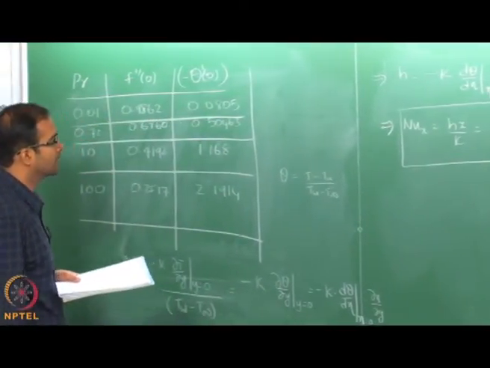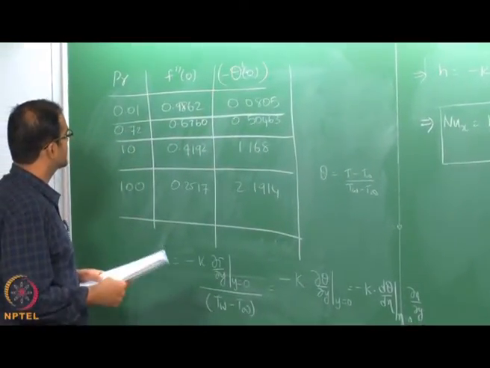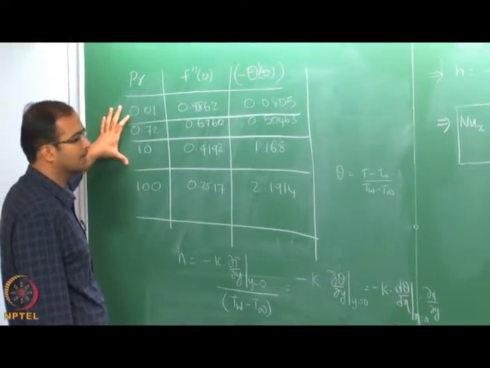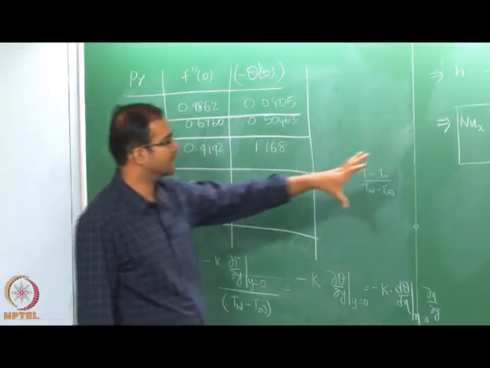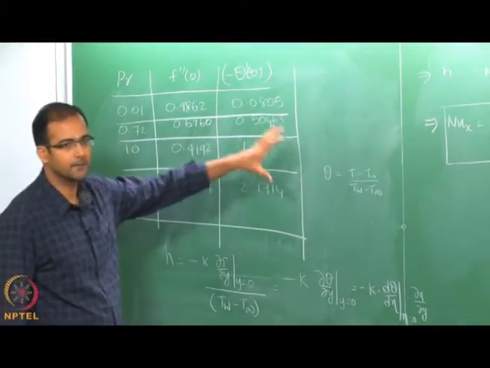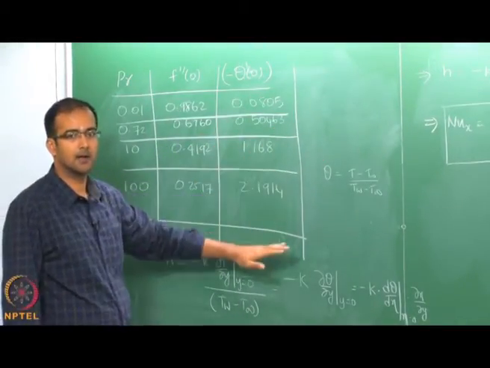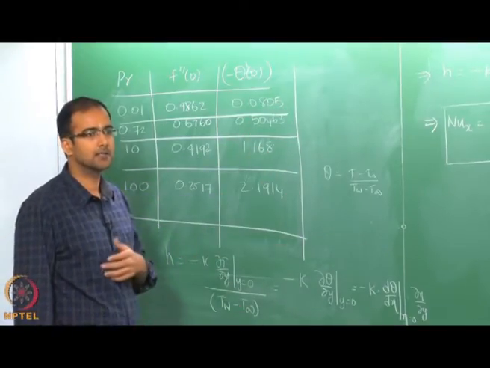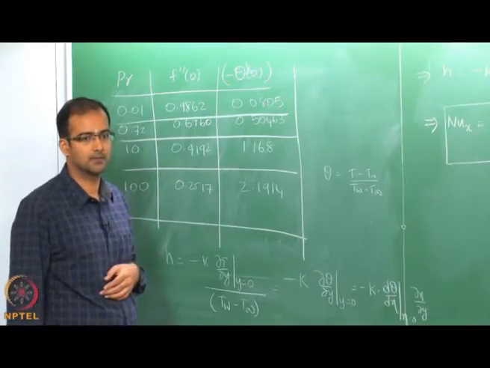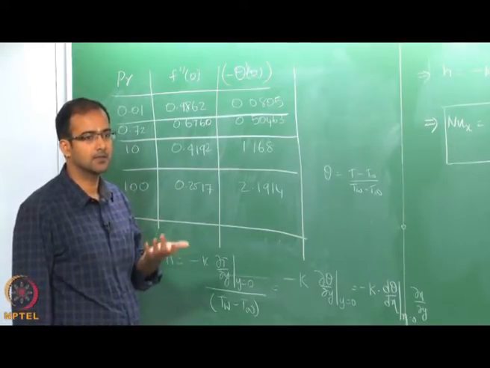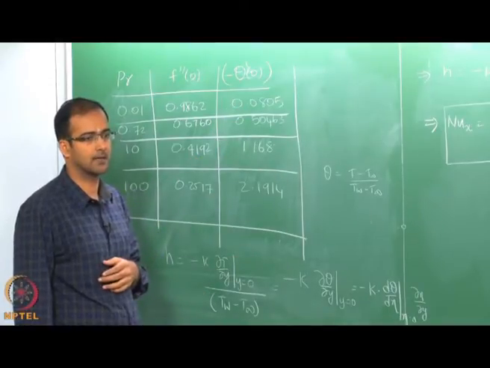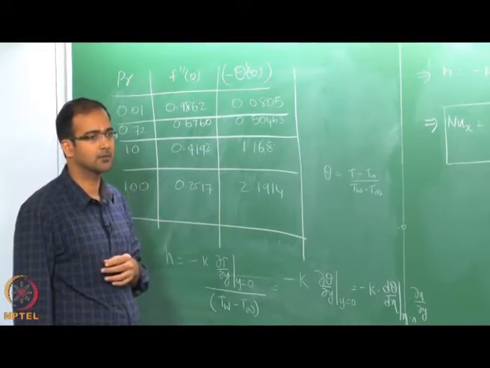Okay. So, the question is now we have a functional dependence on Prandtl number. So, we cannot directly say some value of d theta by d eta there, we have to fit a curve now as a function of Prandtl number. So, this was done actually by Ostrach. So, initially when Pohlhausen solved, he could not solve for so many Prandtl numbers because he did not have access to numerical techniques.